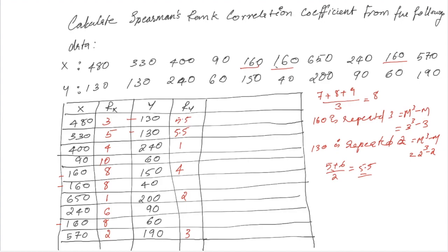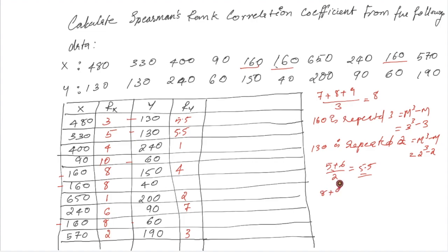Now we have to give 7, and 90 will get rank 7. 8, what will happen to 8? Now again, there are two values which are again repeated. 60 is again repeated two times. So how can we give average ranks for them? Next ranks are 8 and 9.